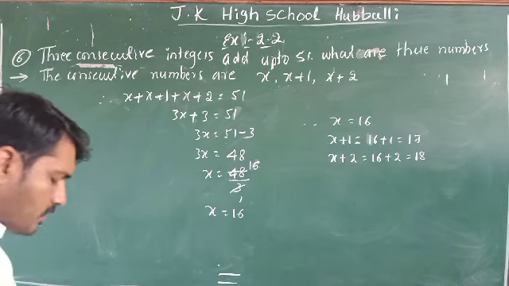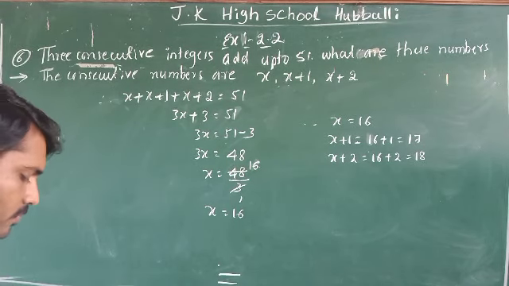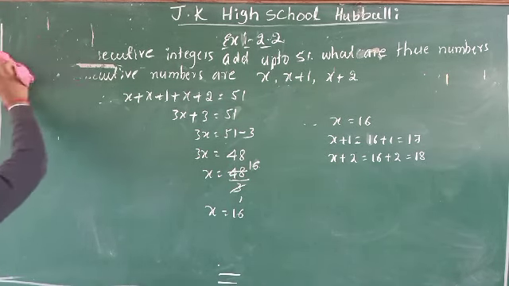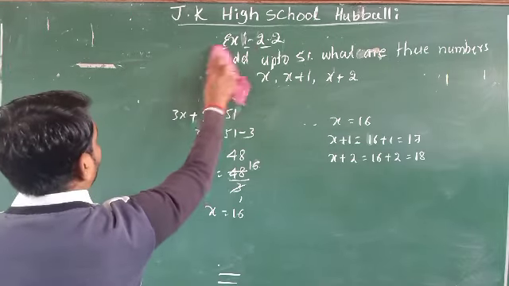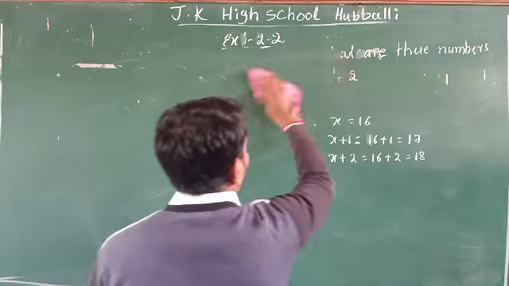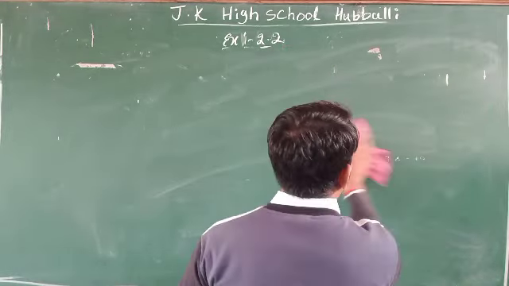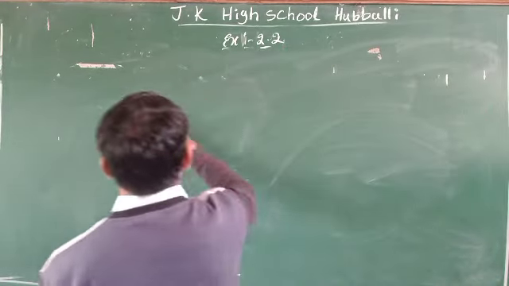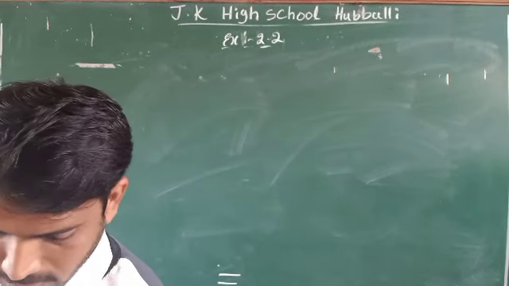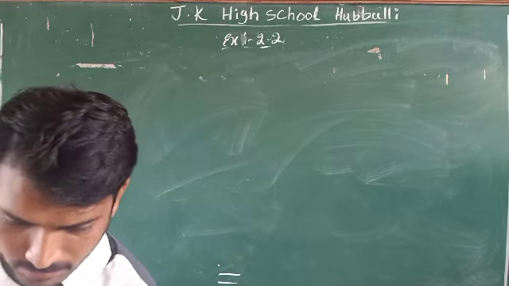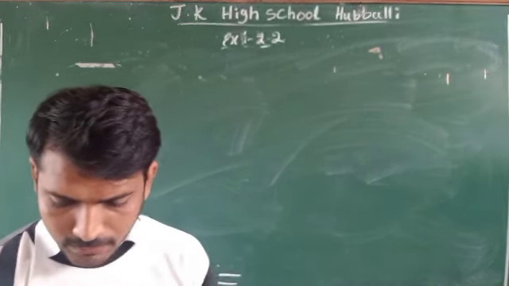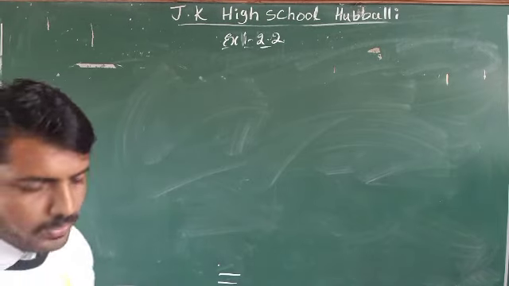Okay, shall we go for question number 7? Question number 7 is the sum of three consecutive multiples of 8.